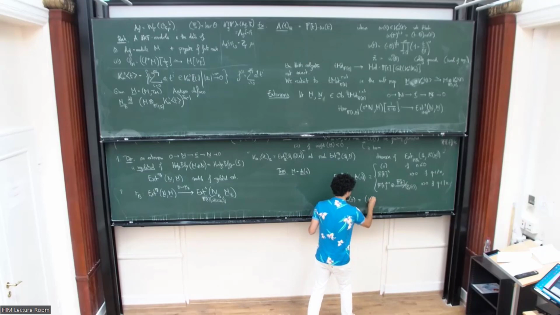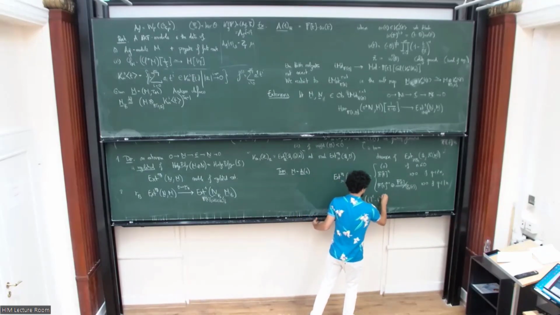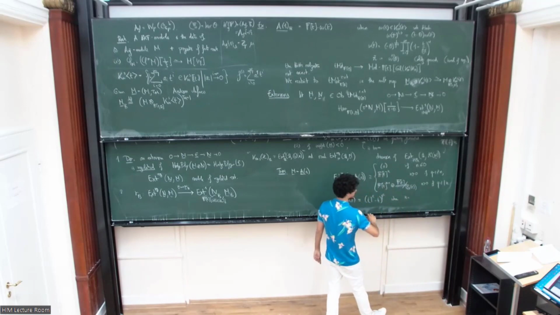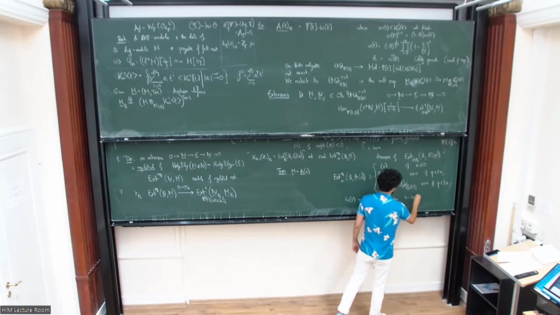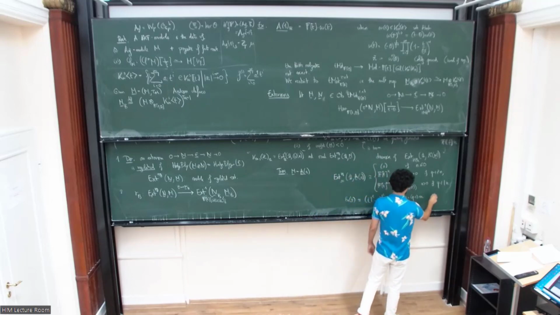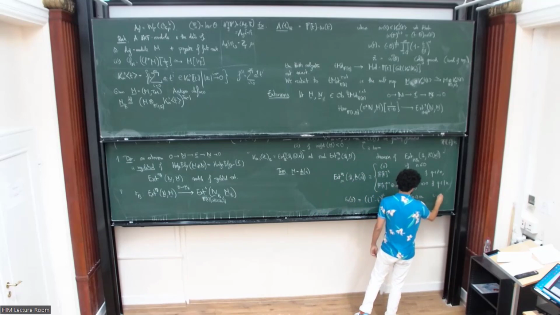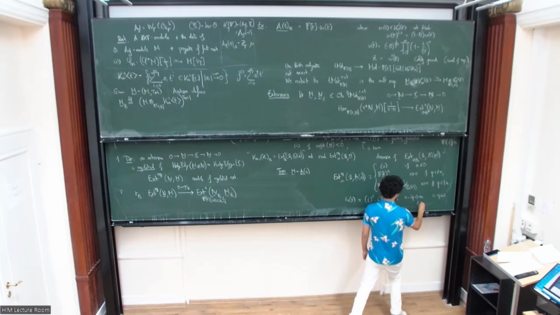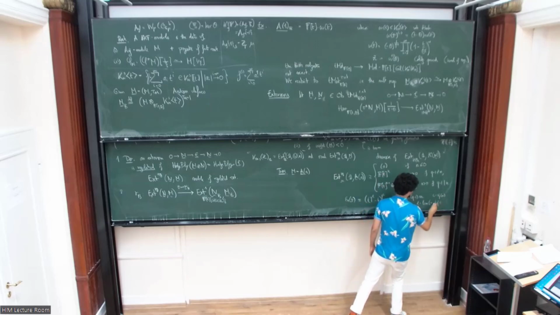Epsilon n is t to the q to the l minus t to the power q to the l, where n is divisible by q minus 1, so I write n equals q minus 1 times m. Here l is the LCM of the r, so that's q^r minus 1.